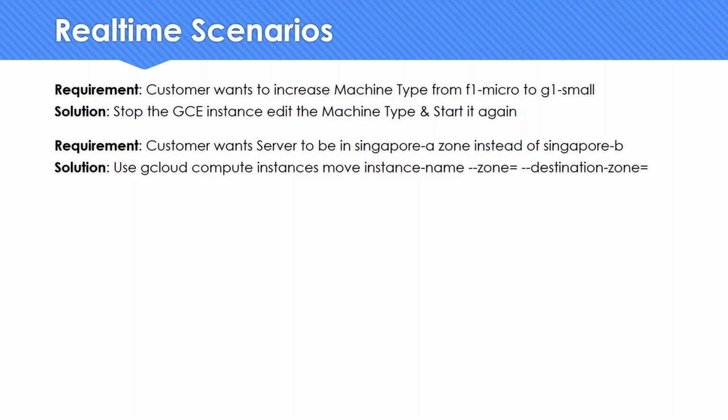Makesh asks: if you have multiple disks, do we need to run a snapshot for each disk? Good question. You have to do a snapshot for each disk. Now there's a new feature in GCP, like how in AWS you have AMI, Amazon Machine Image. You are going to have something called Google Machine Image, where you can take the complete machine.